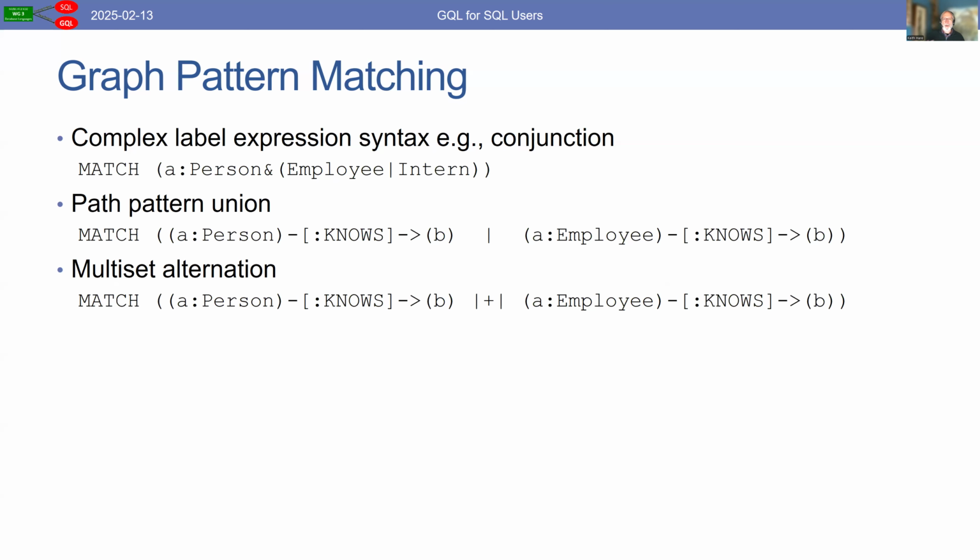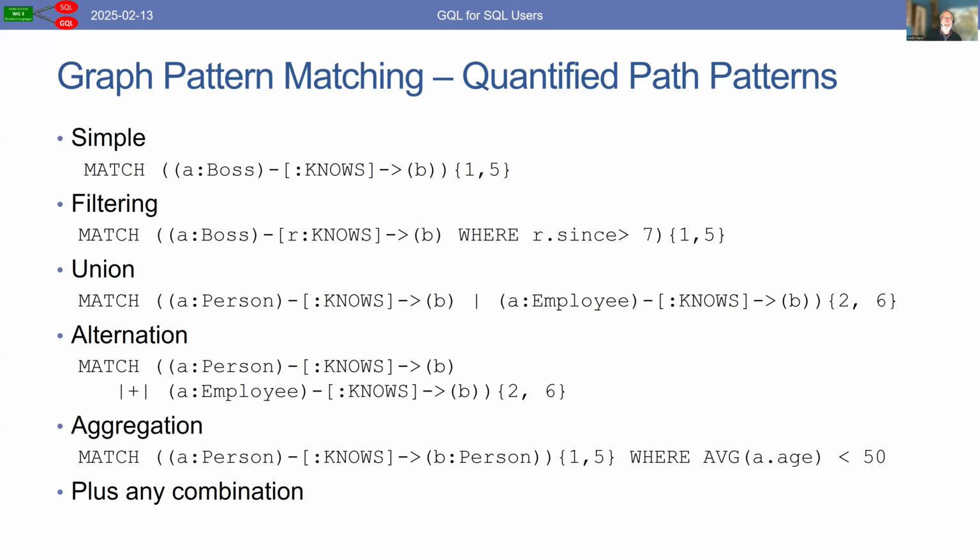I can do multi-set alternation. I can do quantified path patterns. The first example is looking for a label called boss, where boss has a relationship knows with some other node, and there are either one hop or 5 hops.